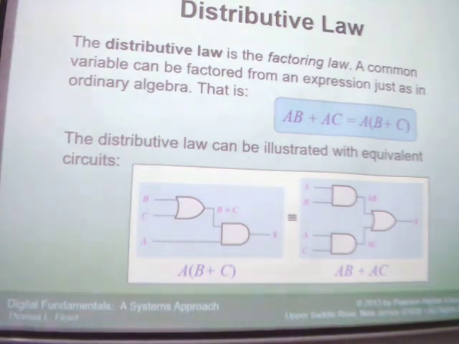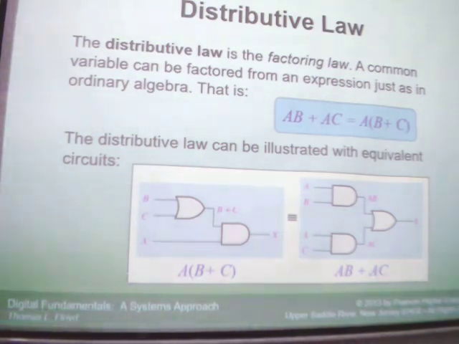So it equals A bracket 1 or B bracket, right? And 1 or B equals what? Equals 1.